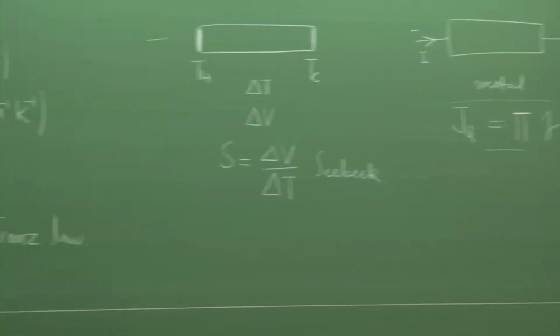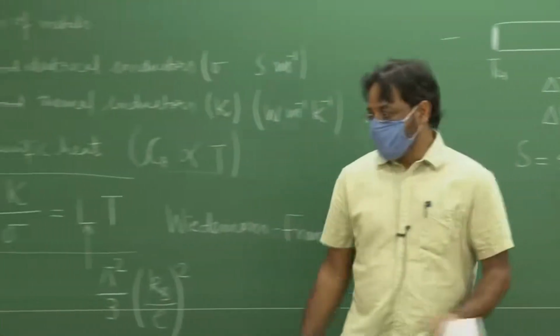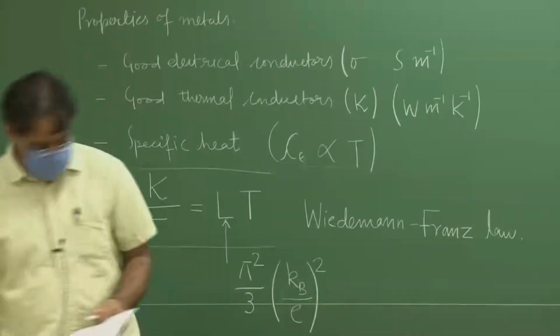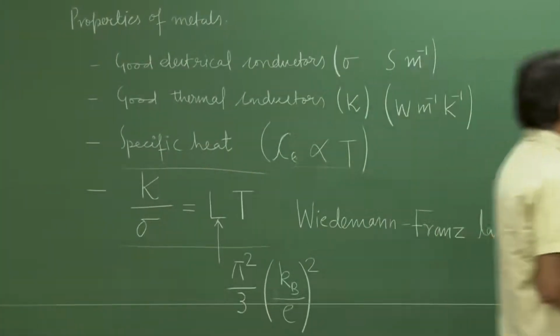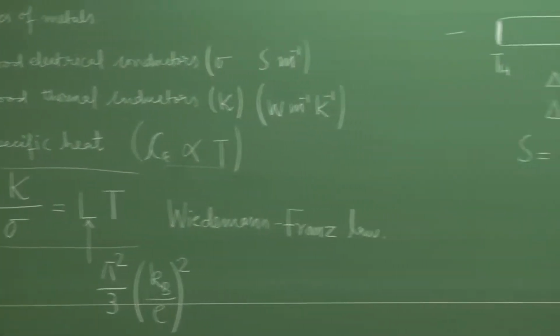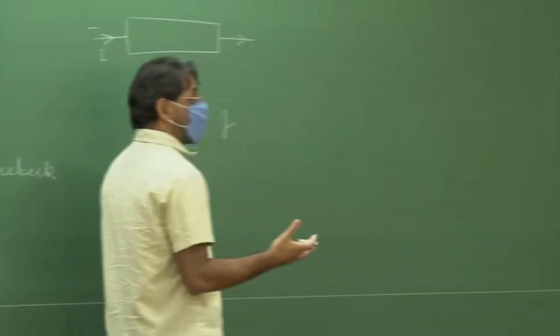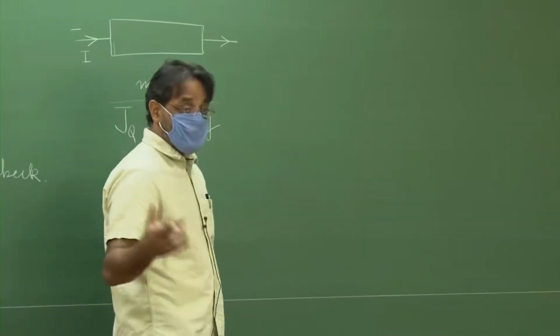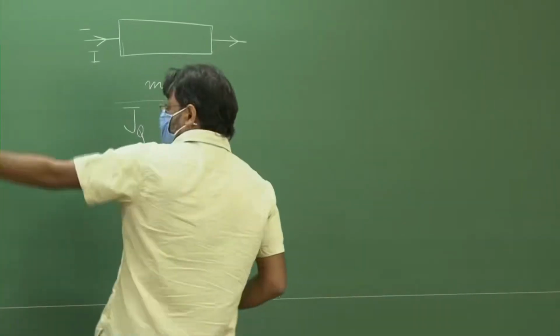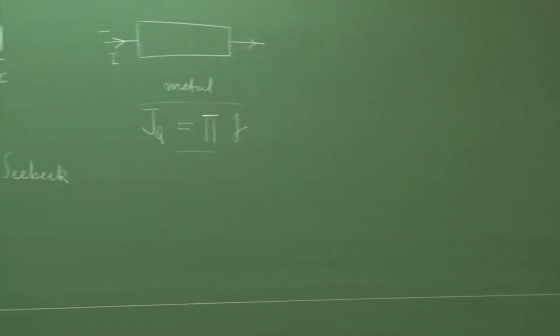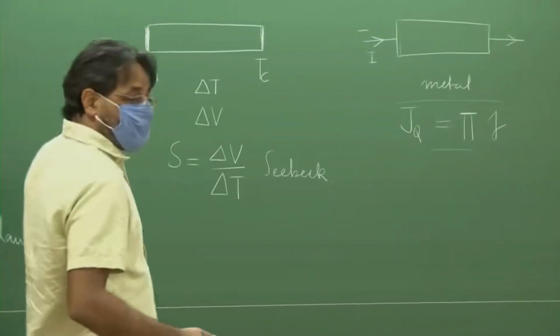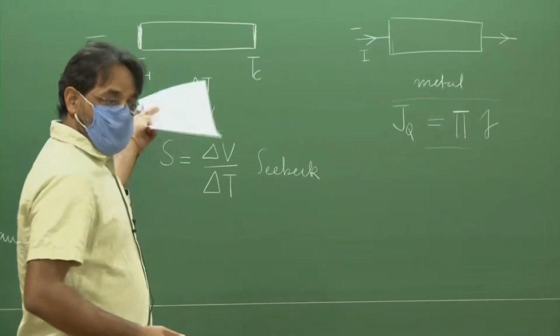Okay. So, now let us first of all try to settle this question: why are there electrons in a metal that carry heat and electricity and so on and so forth? I mean, what is responsible for all these properties? What is responsible for all these properties is the electrons, right?